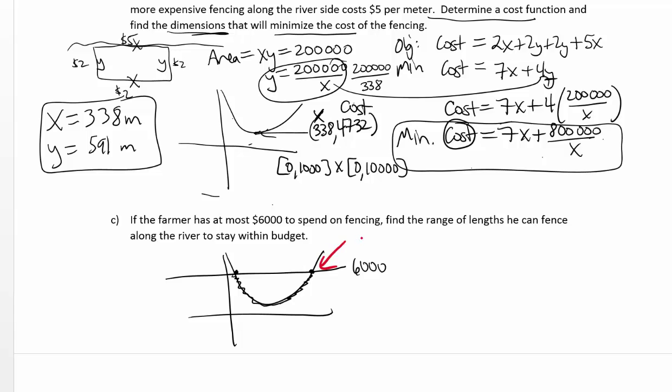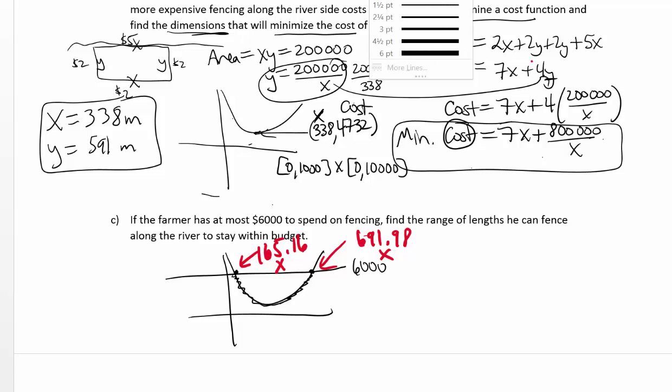So this one is about 691.98, and then this one was about 165.16. Okay, and those were the x values.